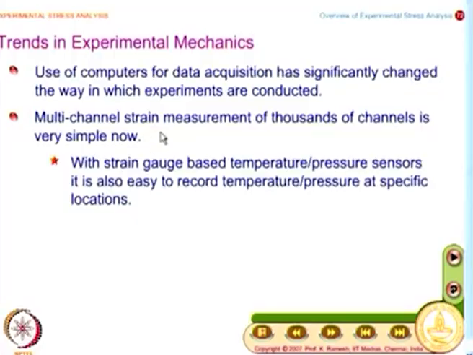And another advantage is it is not only that you measure strain, you also need to measure temperature, you may also have to measure pressure in a system. So, with strain gauge based temperature and pressure sensors, it is also easy to record temperature and pressure at specific locations. So, you measure strain, you are also in a position to measure temperature and pressure, and some of these will always come in a combination.